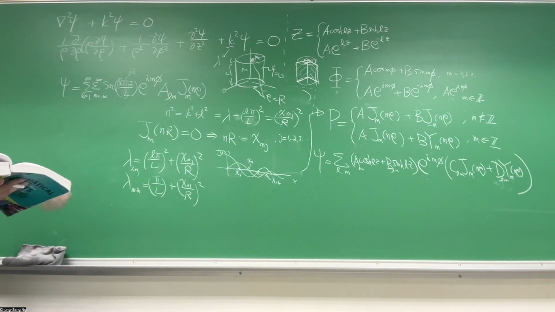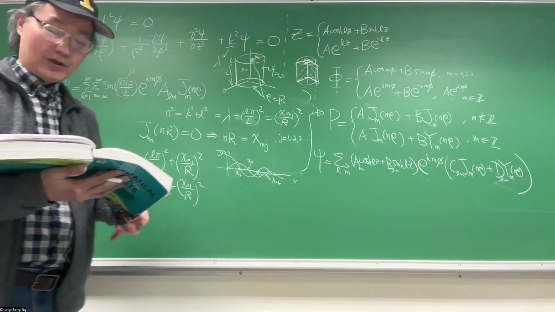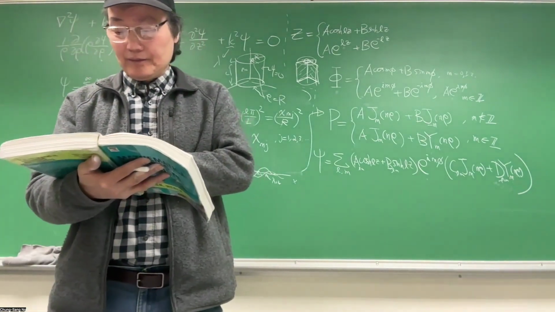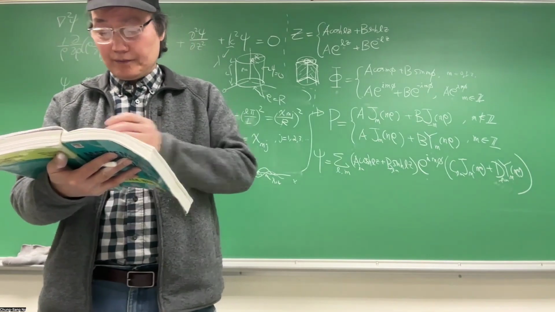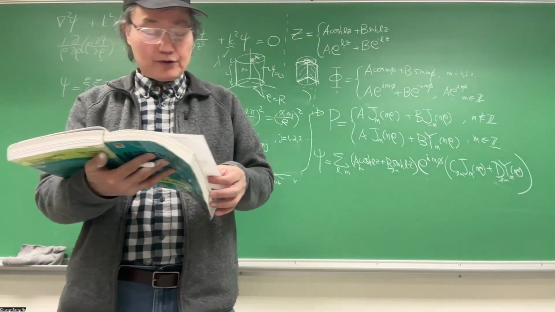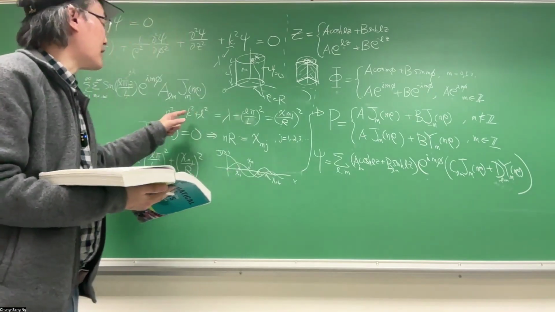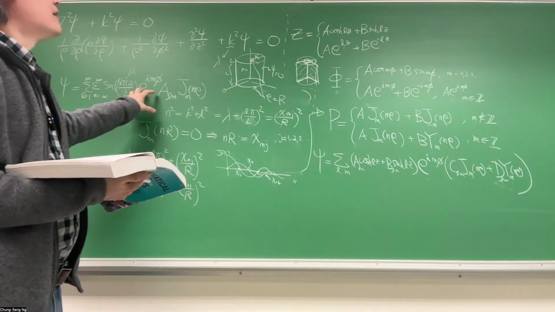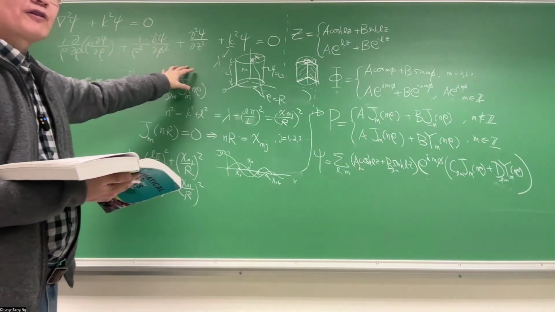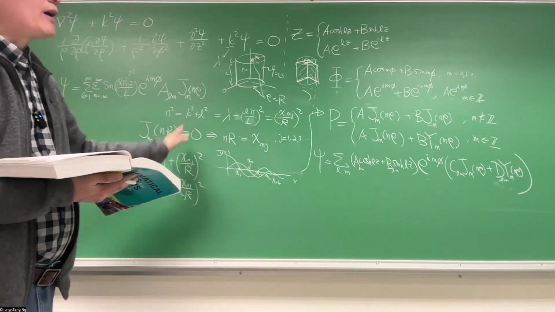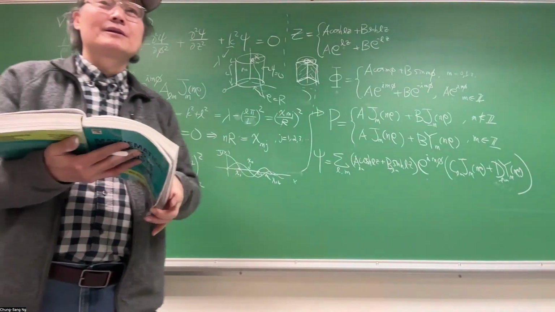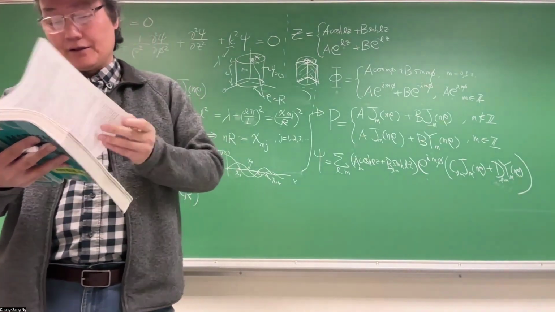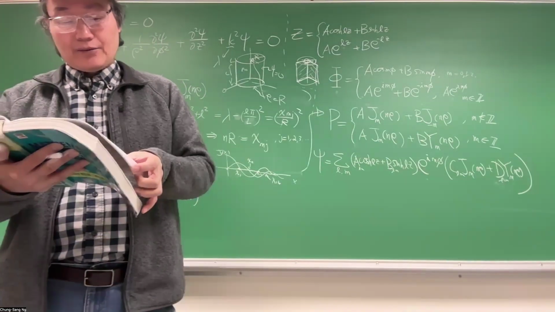There's an arbitrary coefficient in front because it's a linear problem, but that is the general solution, because the problem doesn't give you the exact condition to fix that constant. You're just solving for the eigenvalue and eigenfunction, right? And how large it is doesn't matter. Okay, so that is this example.